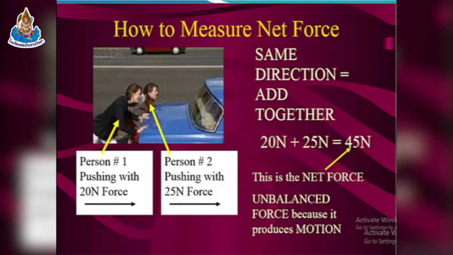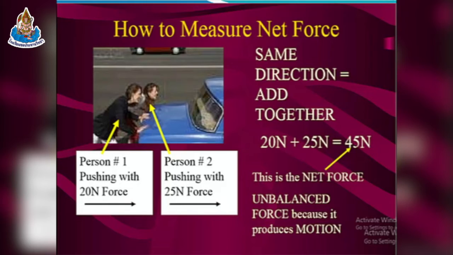So how are we going to measure net force? There are different ways to measure net force. If you are exerting force in the same direction, as in the picture of these two persons pushing the car, you simply add them together.